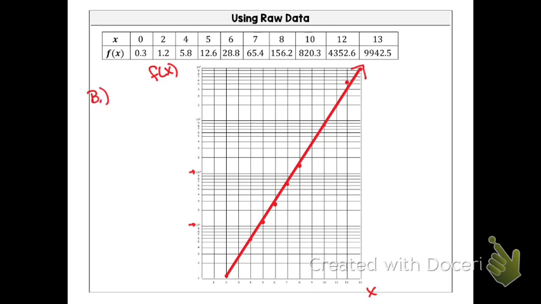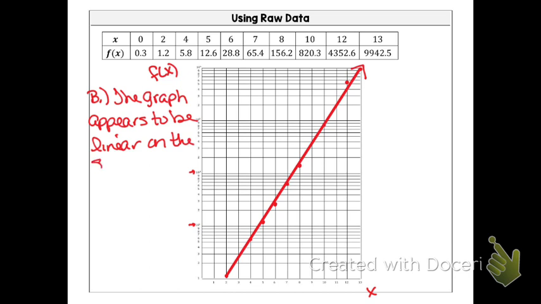All right, so question B, instead of going back to the other page, says what does this graph say about the data? So the graph appears to be linear on the semi-log plot.